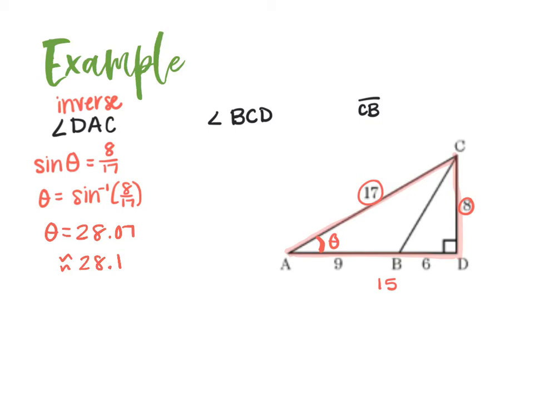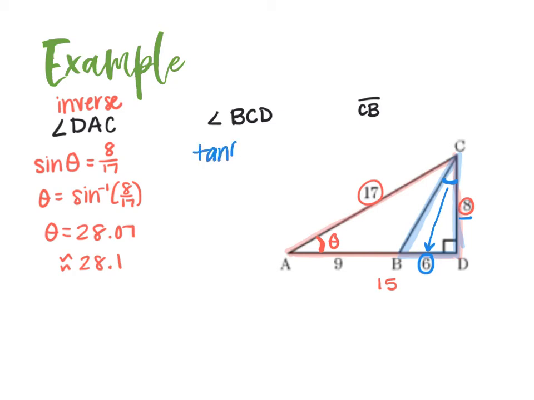Now let's look at angle BCD, which is this piece right here. And I'll be looking at this smaller right triangle that's created within the larger one that we just used. So with BCD, I've got 6 and 8 that I can work with. 6 is the opposite, 8 is the adjacent, so I'm going to have to use tangent.